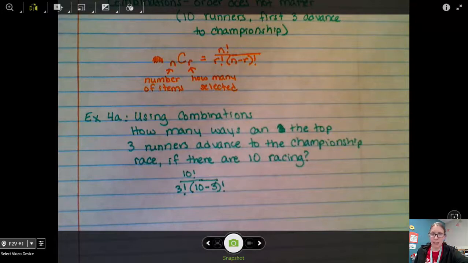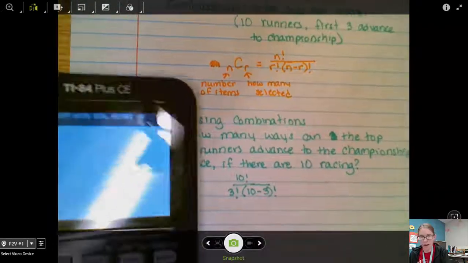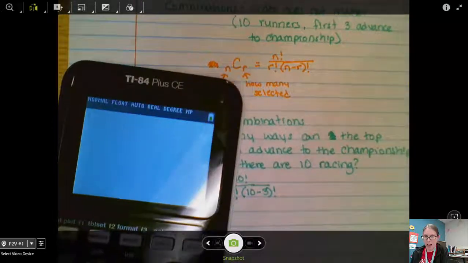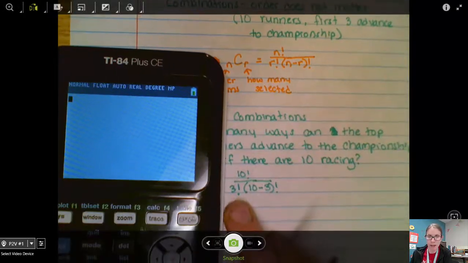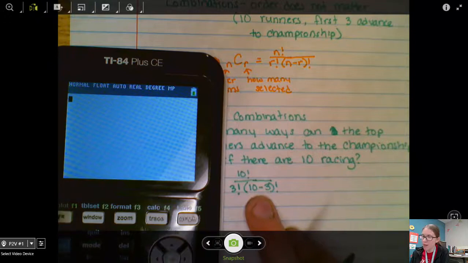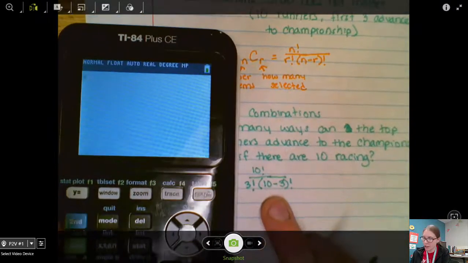And we can type this in on our calculators, just like we did with the permutations. We just have to be careful with how we type this in because that 3 factorial times, this is really 7 factorial, all is on the bottom of our fraction.